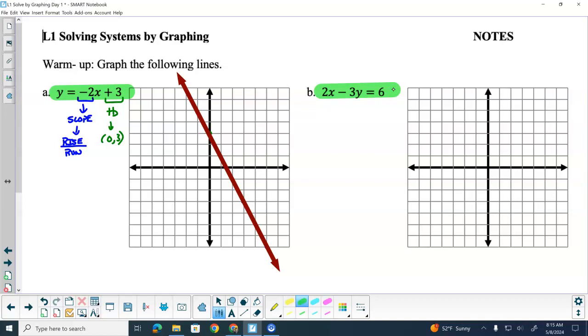Which one do you like better, left or right? The right one you like better? Well, you tell me which one. Why do you like the left one better? Chloe, why do you like the left one better than the right one? Because you can go straight to graphing it, right? You can go straight to plotting your y-intercept and using your eyes to run like what we just did, right?